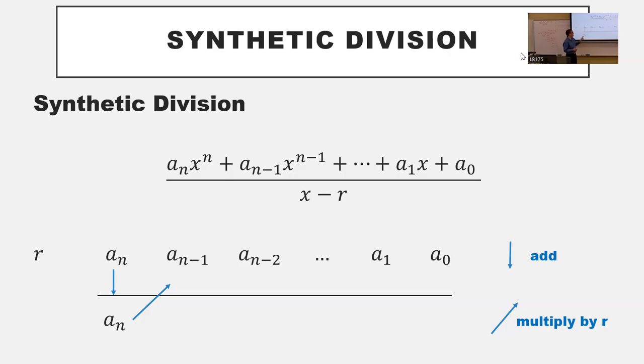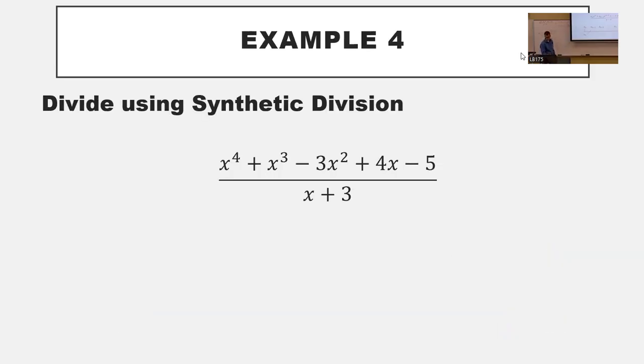And every time I move down, I'm going to be adding numbers. Every time I move up and to the right, I'm going to be multiplying by that r. Does that make sense? Again, this will be easier to see once we get an actual example.